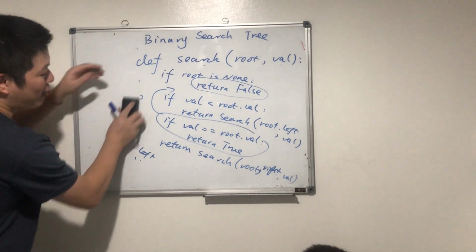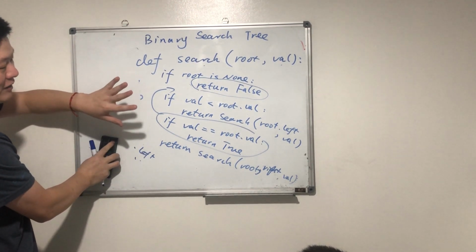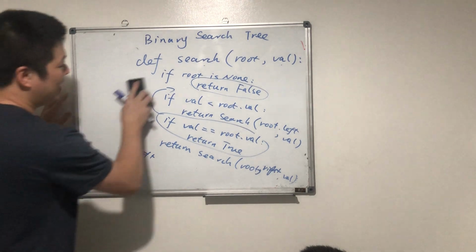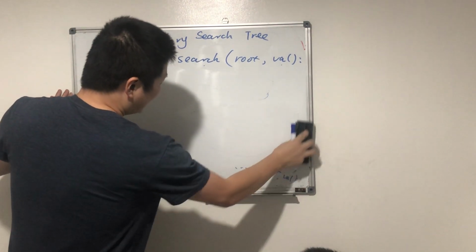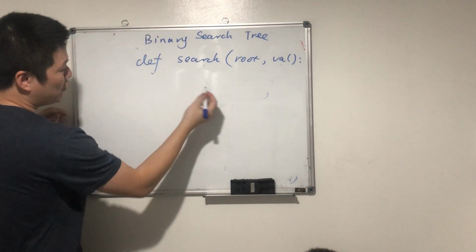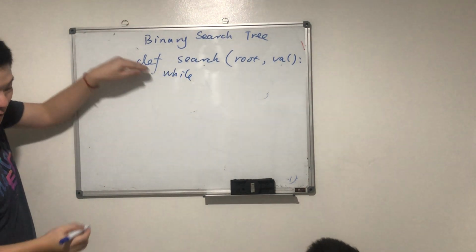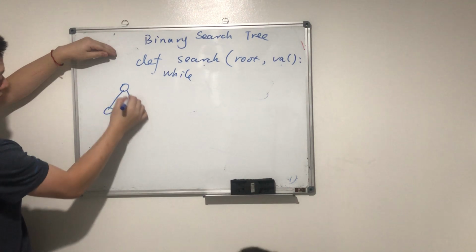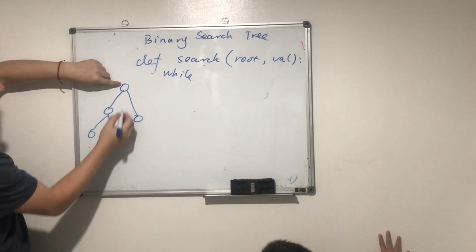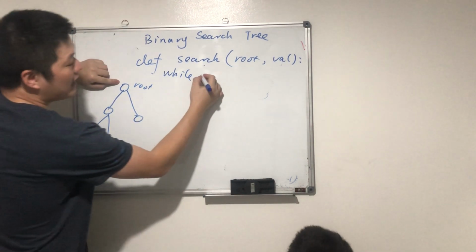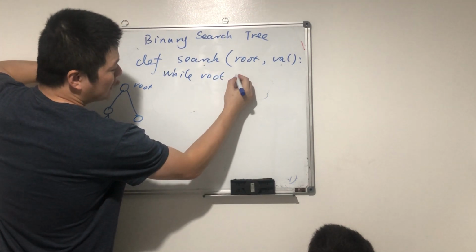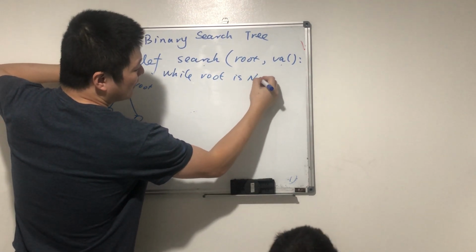Okay, so we can also do this using a non-recursive method. It will be something similar. Look, we're using a while loop: while root is not None. This is the root, we are here.